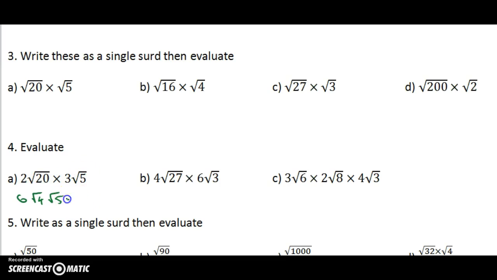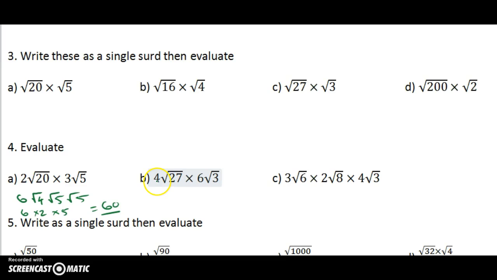We've still got this square root of 5 over here. So we have 6 times 2, because that's the square root of 4. The square root of 5 times the square root of 5 is the square root of 25, which is 5. So this becomes 6 times 2, which is 12. 12 times 5, 60.